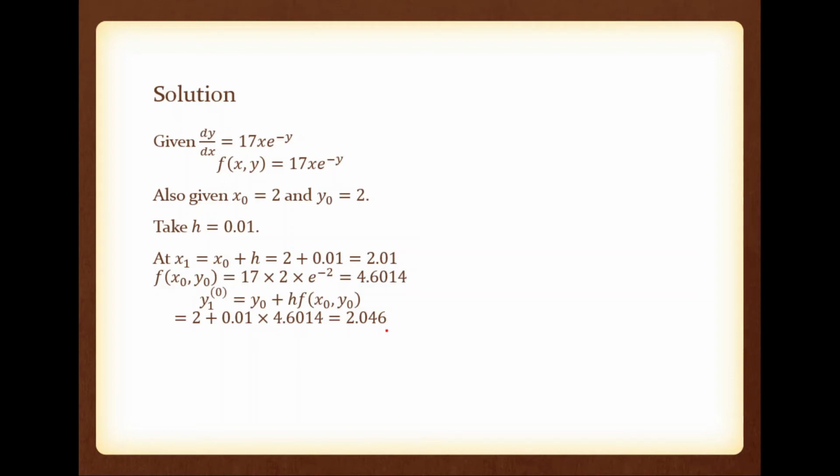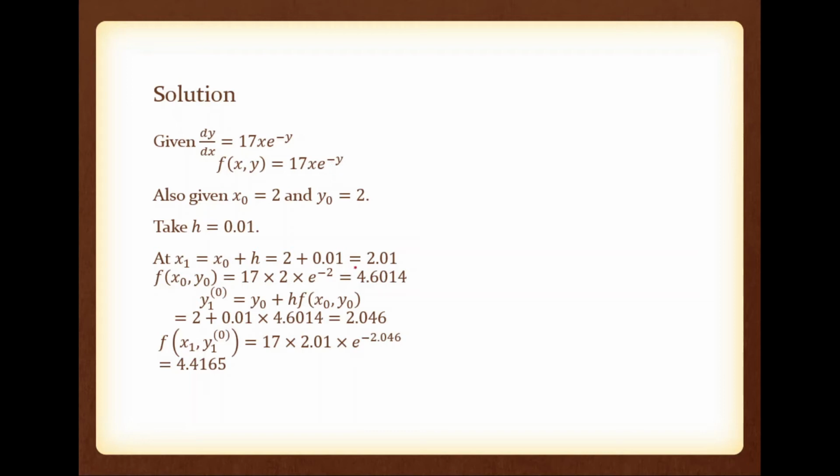Then we are going to apply Euler's modified method. Before applying it, we have to take y1 given by Euler's method as y1 of 0, that is the 0th y1 value for the modified Euler's method. So now we apply modified Euler's method. First we have to find f of x1 comma y1 of 0, using the equation f of x comma y equal to 17x e raised to minus y.